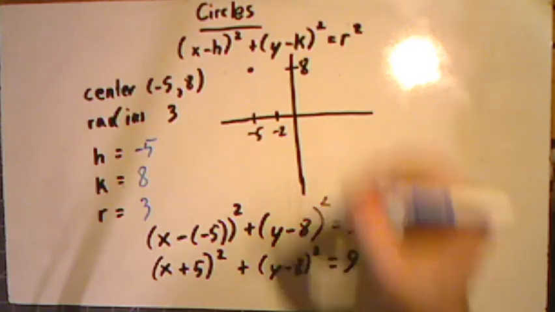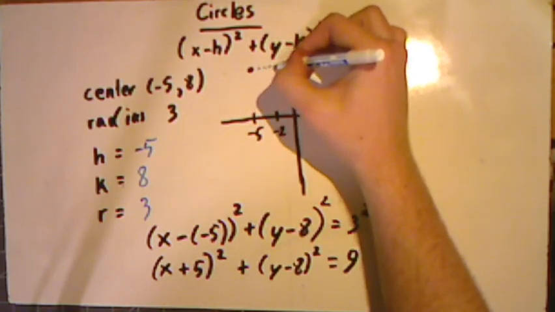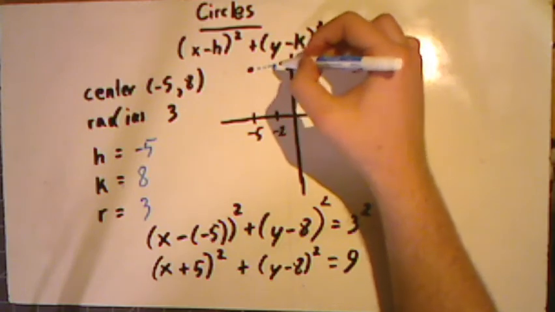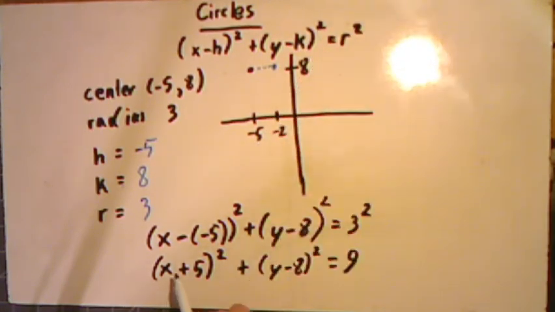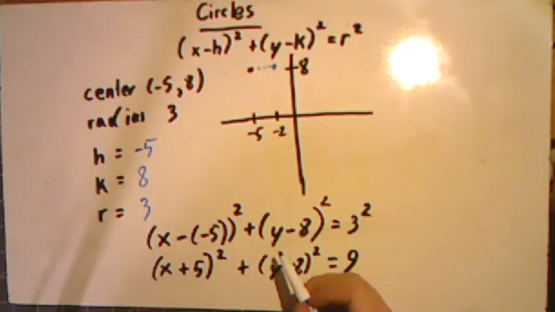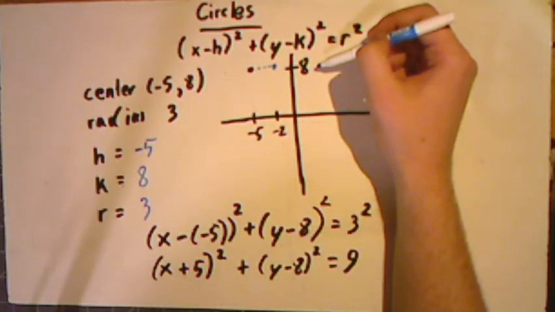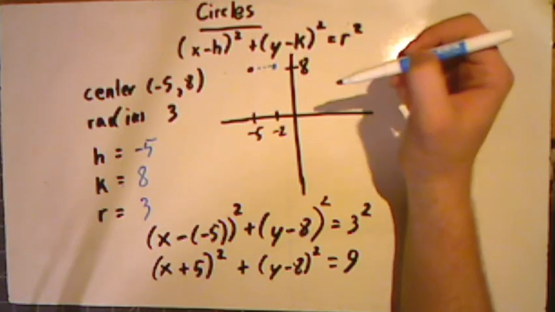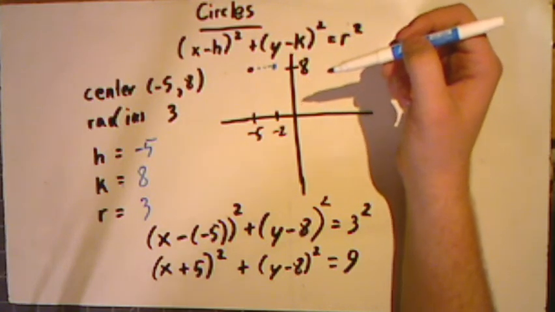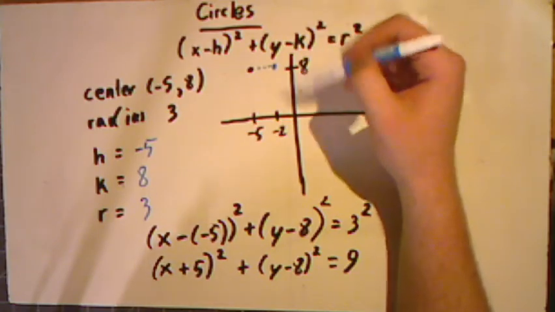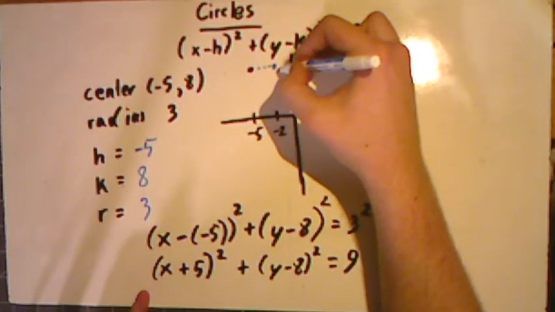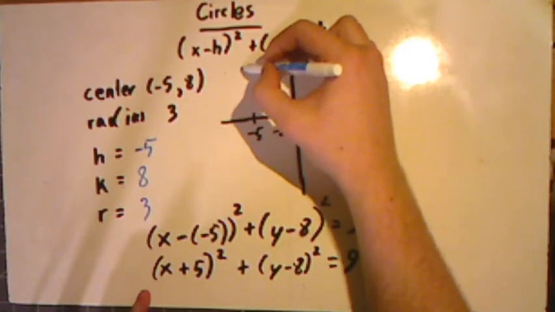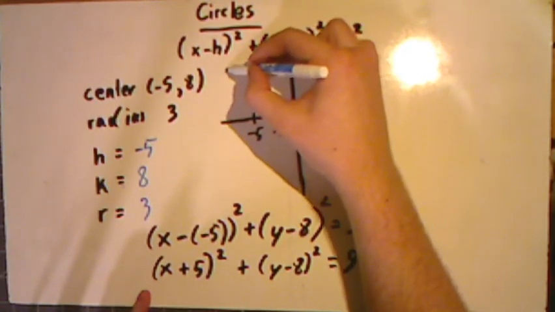So 3 spaces to the right, and that is our first point for our circle. So if you plug in x as -2, you would end up getting y still as 8. Then continuing on from there, once you solve for y, that is. And so this just continues that for all of these values between where you actually have your graph.